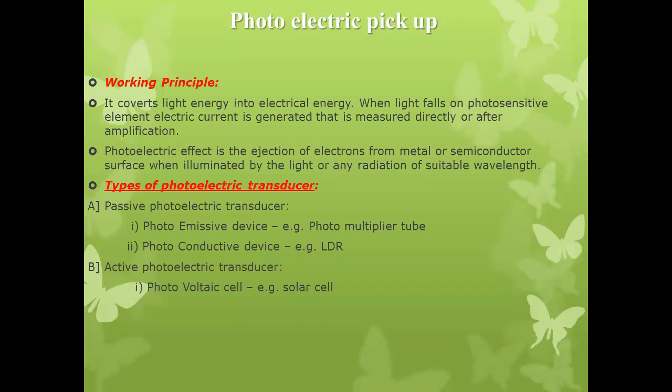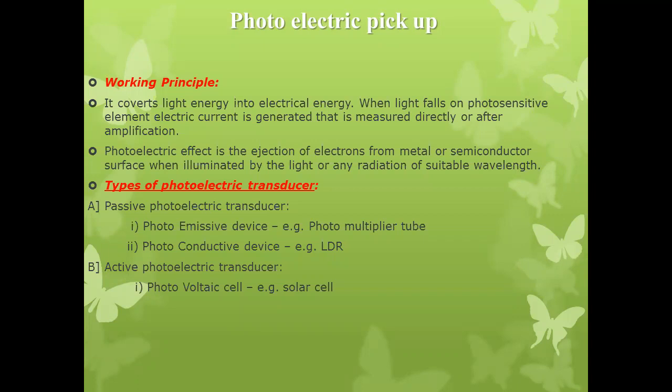It is a simple one: whenever a metal or semiconductor material is exposed to sunlight of a certain intensity, it will eject electrons from its surface, and those ejected electrons come into the circuit and form an electrical current. Based on this principle, photoelectric transducers work.